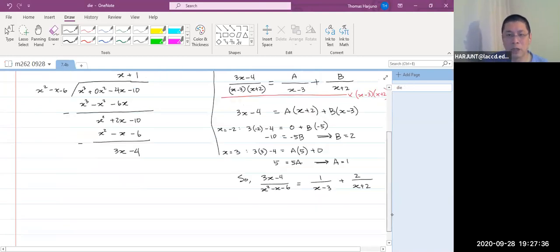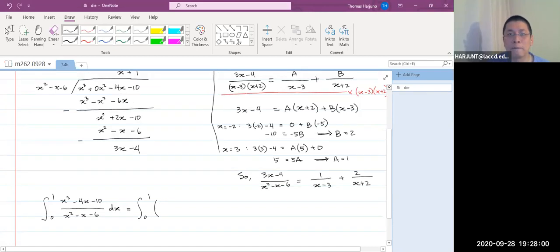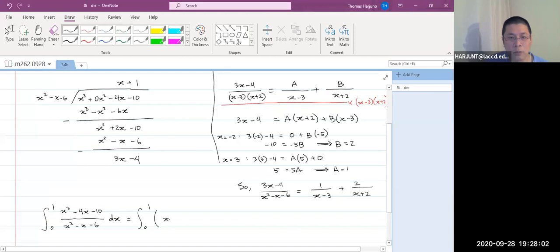Now let's go back to the integral. So the integral from 0 to 1 of x cubed minus 4x minus 10 over x squared minus x minus 6 dx is equal to the integral from 0 to 1 of, what's the quotient again? The quotient is x plus 1, plus 1 over x minus 3 plus 2 over x plus 2 dx.